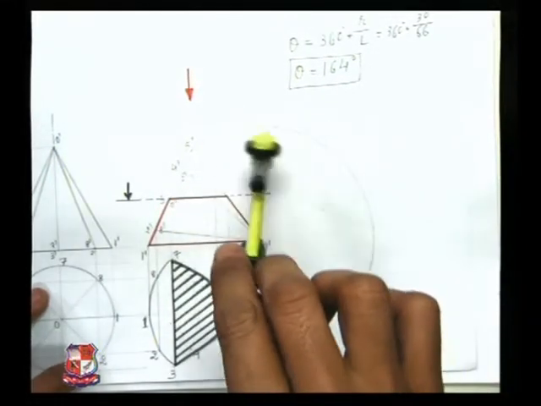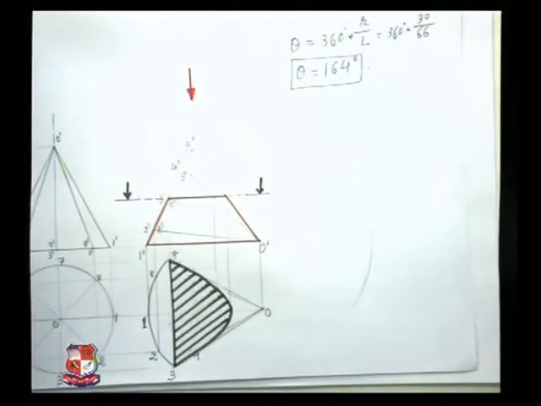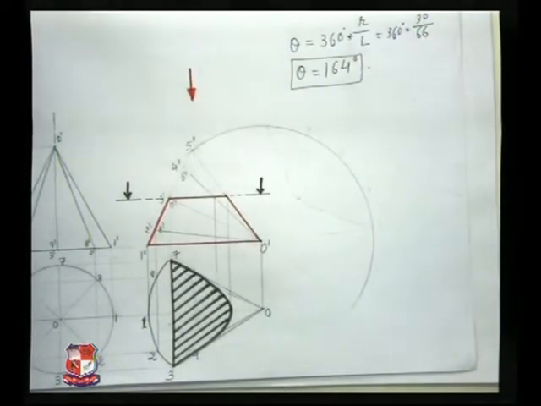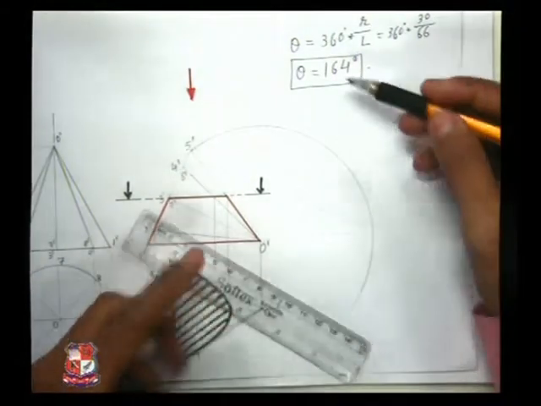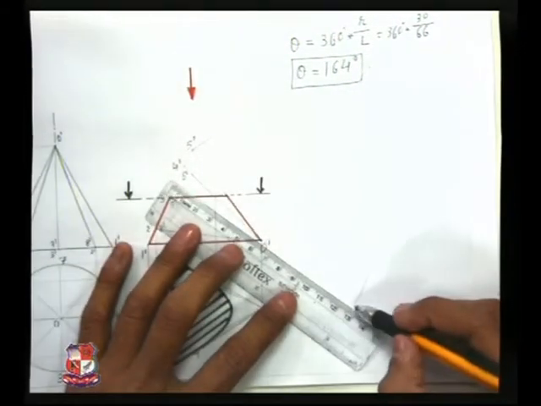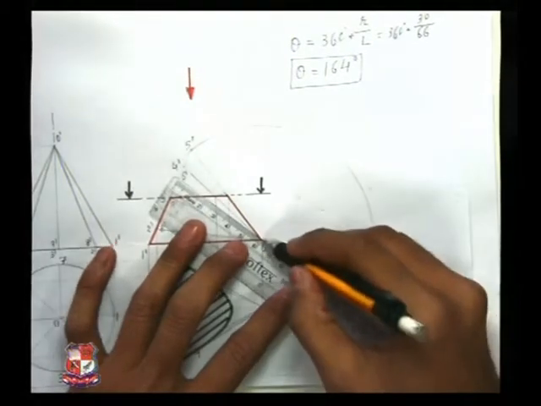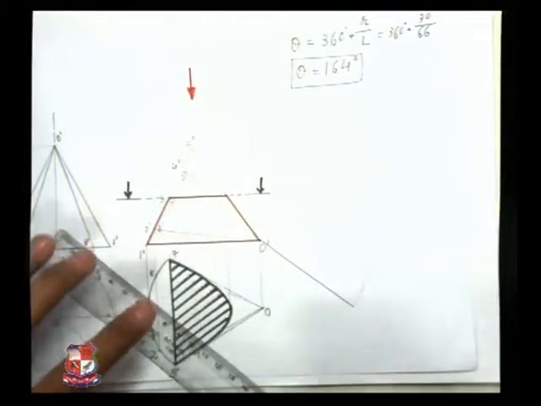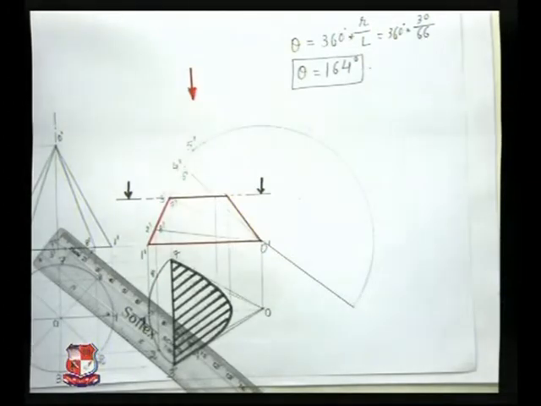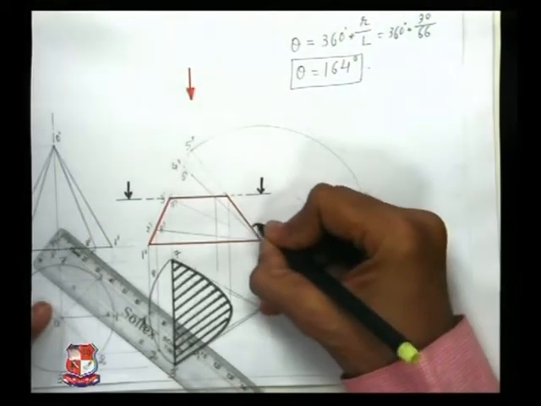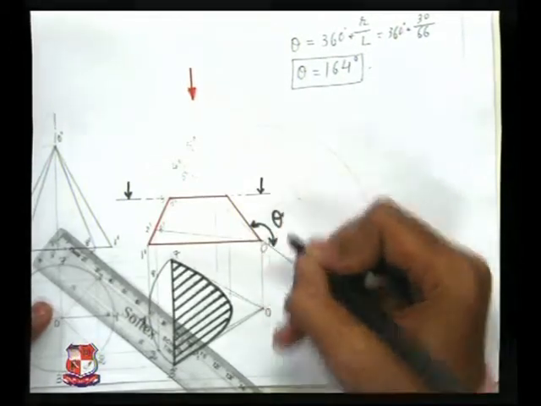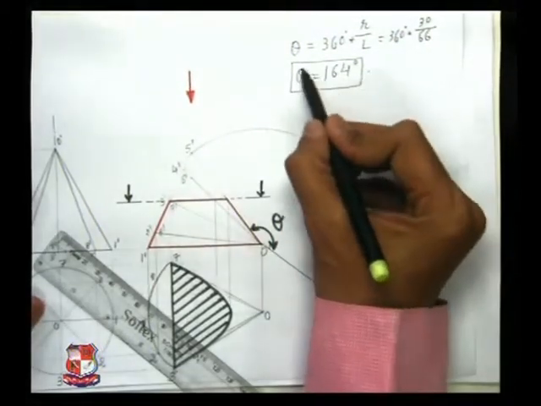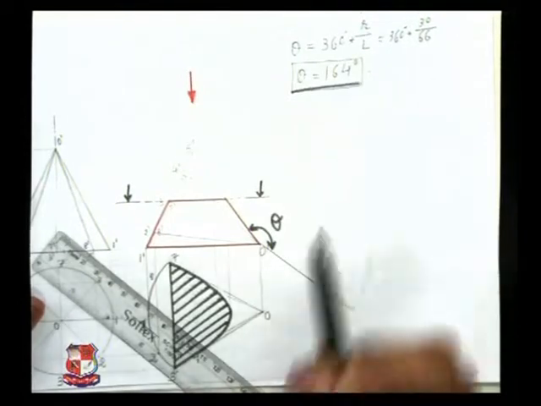O dash as a center, O dash 5 dash as a radius, draw an arc, and mark a line which makes an angle of 164 degree with O dash 5 dash. So that line would be somewhere here, right? So this angle covered over here, this angle is angle theta, that is 164 degree, as we have calculated over here.